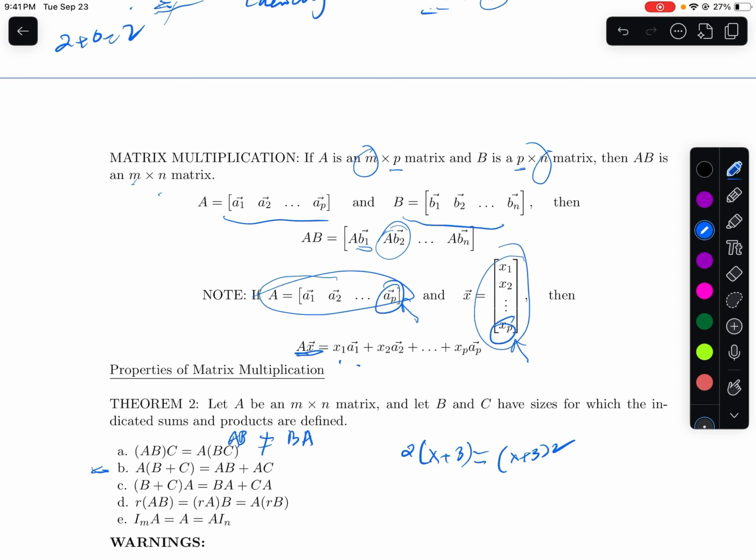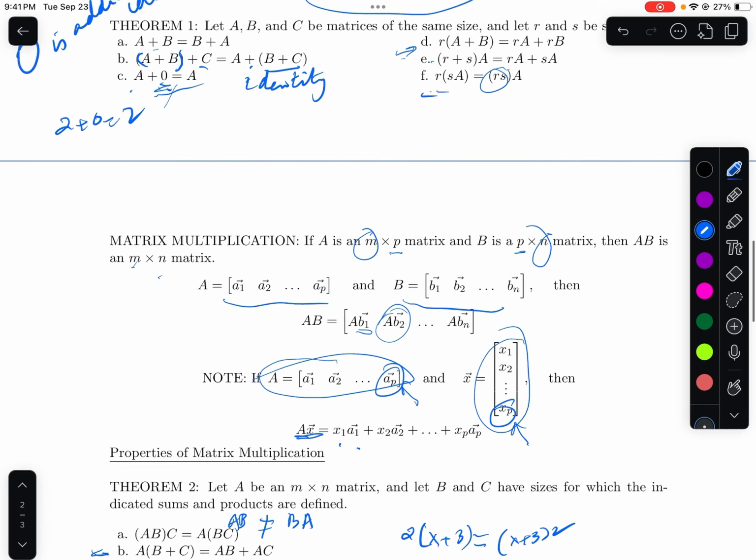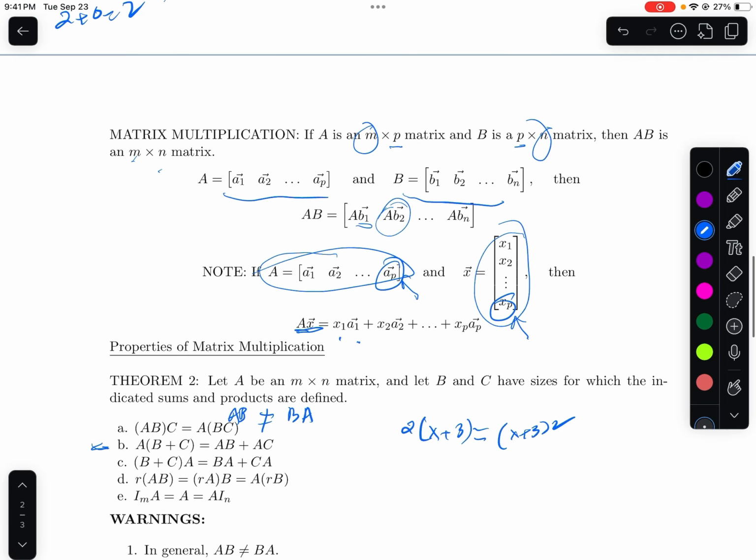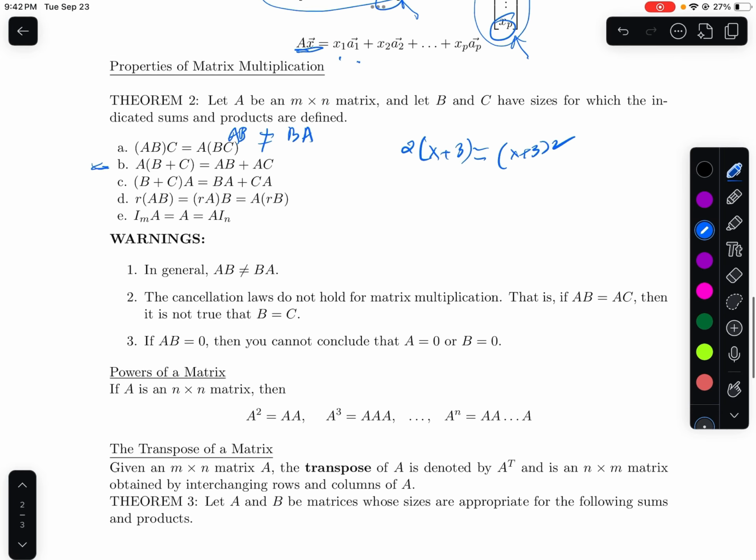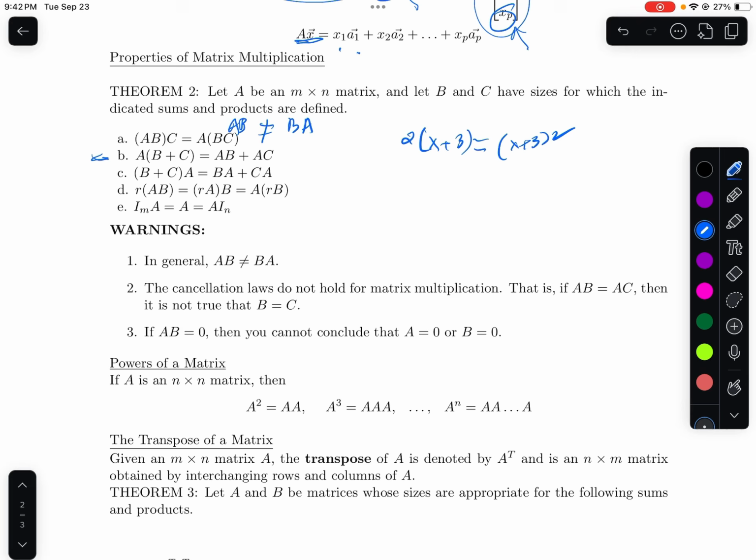Next is that if you have a scalar being multiplied by AB, then we could have the situation that the scalar was with A, and you multiply the A matrix with the scalar and then multiply the result with B, or you can have the scalar multiplied to the B matrix and then multiply with A.